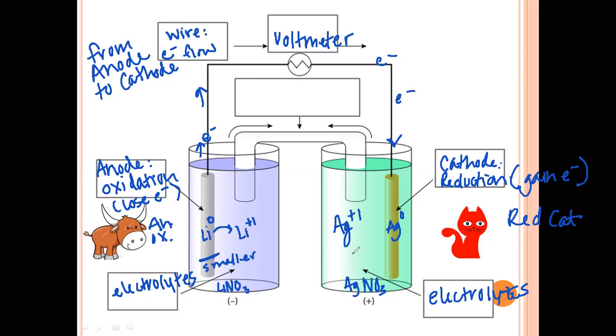Okay, so Ag positive is going to receive these electrons and it's going to reduce. So when it touches the metal and receives electrons, it reduces down into silver metal. So the ions in solution change back into the metal, so this gets a little bit bigger.